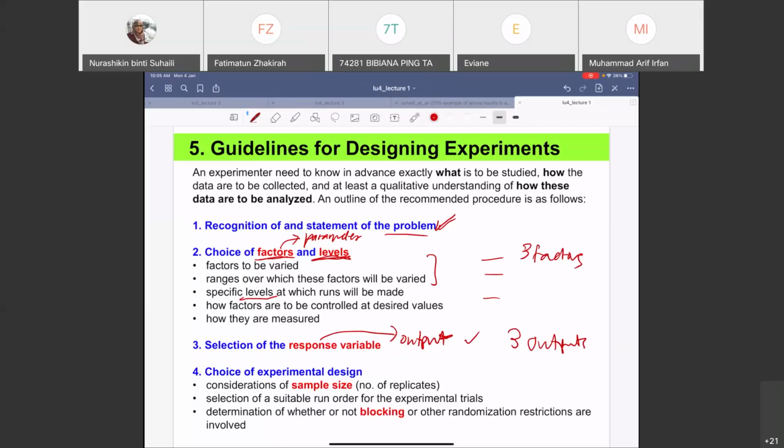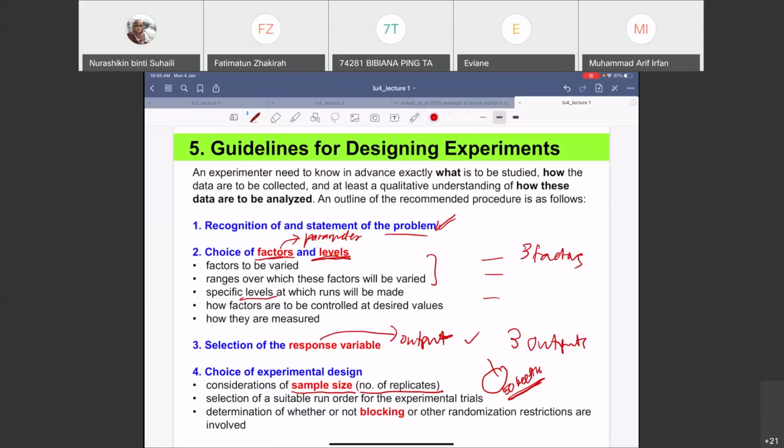The choice of experimental design. Okay, sample size, the number of replicates. Let's say you are analyzing different areas. So replicates are how many beetles. Let's say you want to collect from area 1. Let's say you want to collect 50 beetles, right? So that would be your sample size, because that is the size of the sample that you are analyzing. Yeah?